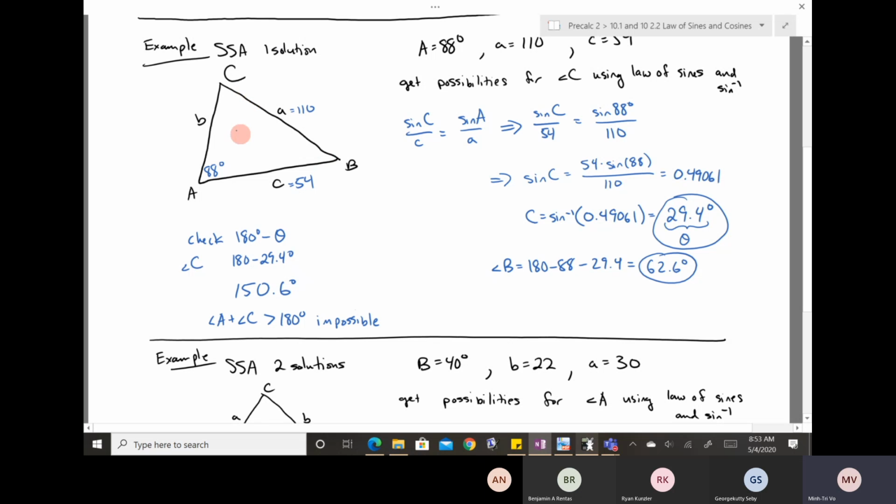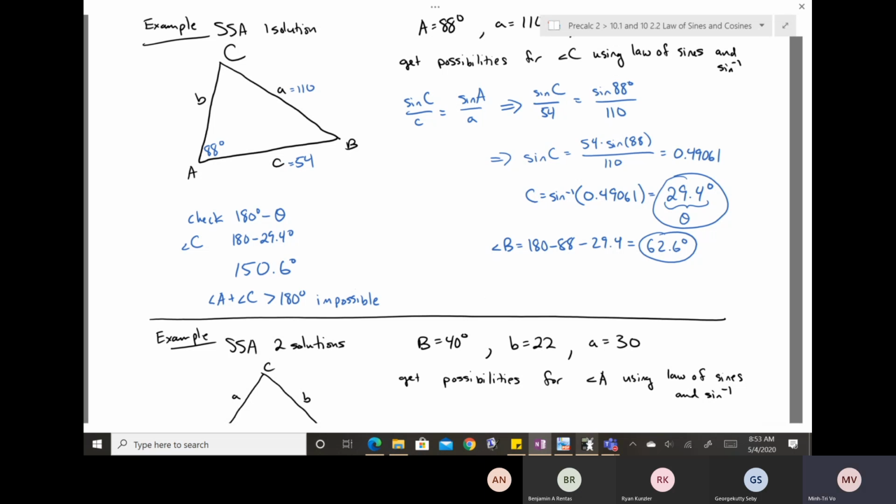And what else do we need? We need side B, right? So side B, I can just use the law of sines. So, A was the one that's completely known, right? So B over sine angle B, which is 62.6, is equal to A. What was A? A was 110, and angle A is 88.